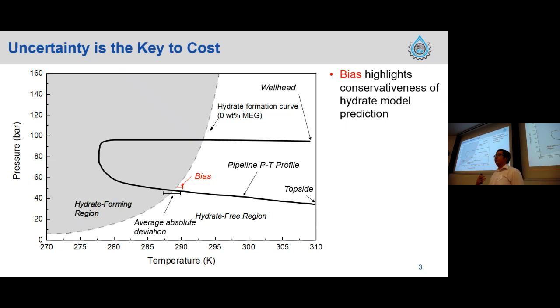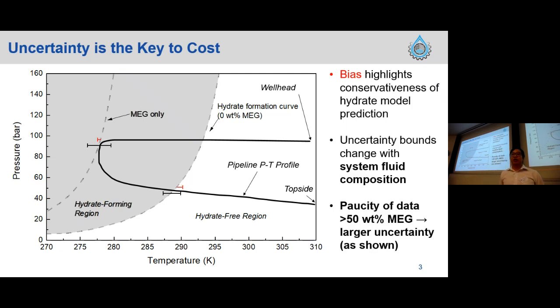What's interesting about the models is that these error quantities aren't static, they're going to change with your fluid composition. What you often do is to inject a thermodynamic hydrate inhibitor such as MEG to shift the hydrate formation curve such that the pipeline pressure temperature profile is no longer in the hydrate forming region.